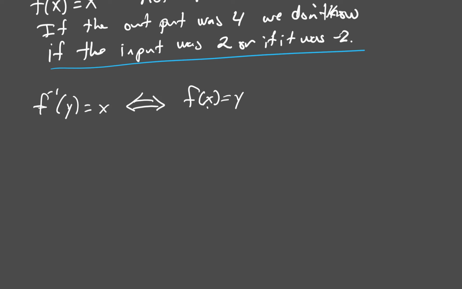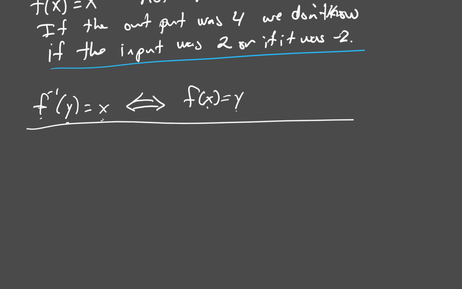My input x here gives me an output of y. Then the output of y inside of the inverse function gives me an input of x that would have got me there, right? It kind of flips everything around, right? It takes the original function's output type and makes it the input in the inverse function, and it takes the original function's input type and makes it the output type in the inverse function.